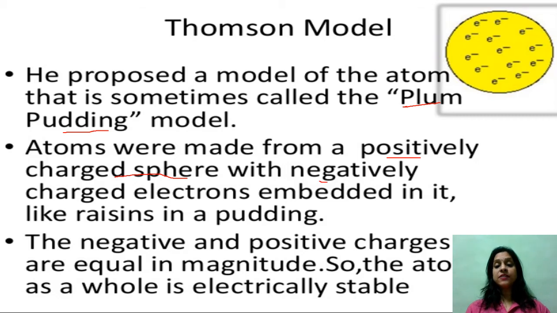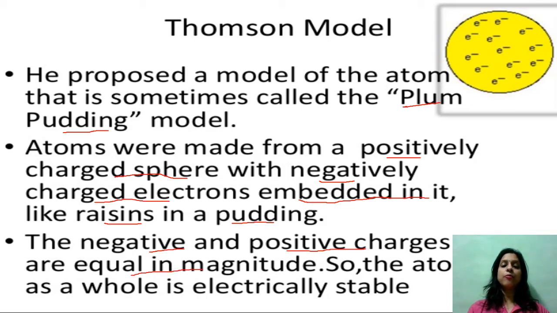With negatively charged electrons distributed in this positively charged sphere, exactly like how raisins are unevenly distributed in a pudding.